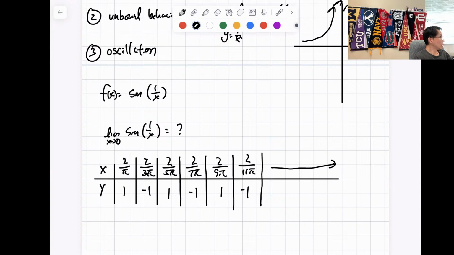As the numerator is 2, the bottom just keeps on increasing: 3 pi, 5 pi, 7 pi, 9 pi. Where is that approaching? I'm not sure. What is 1 over infinity?